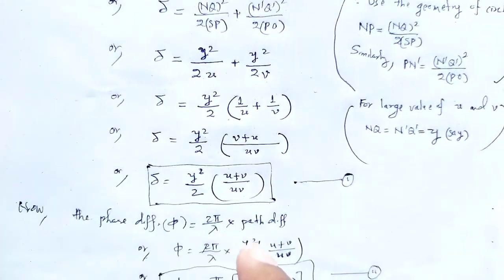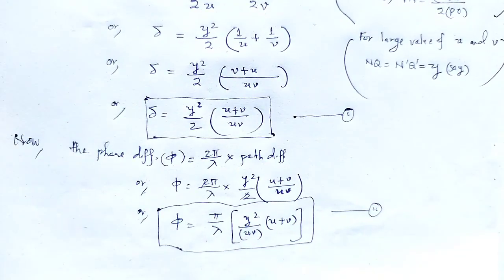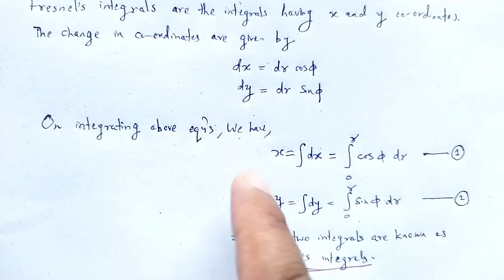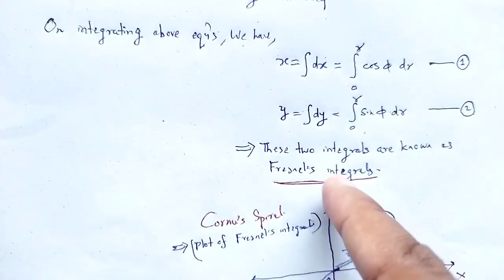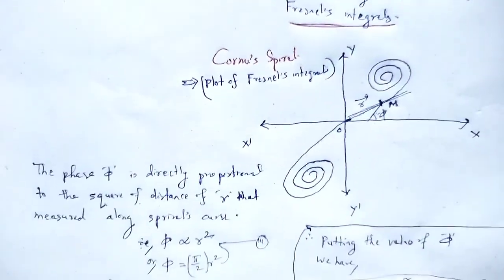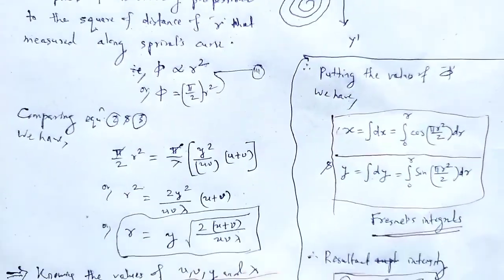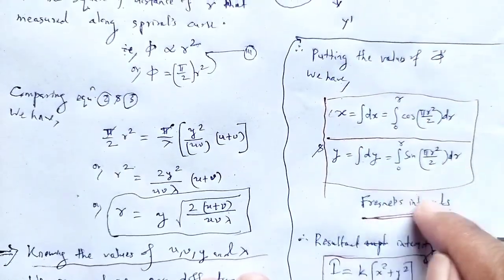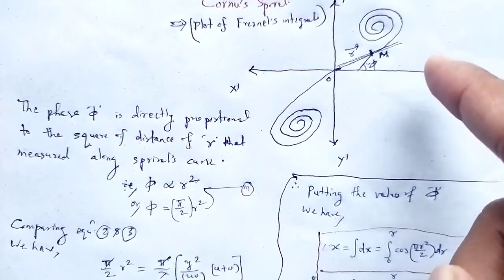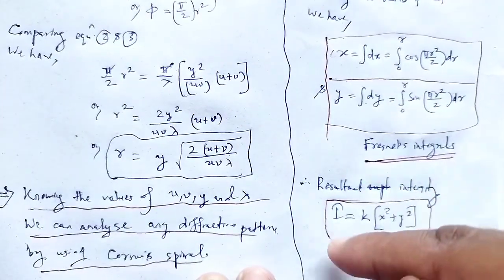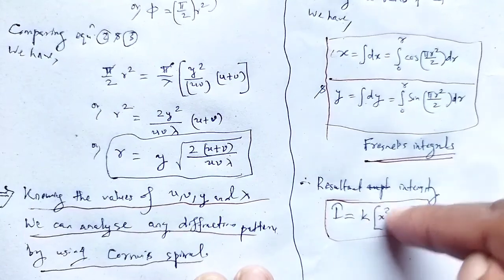Taking the path difference, then the phase difference, and taking the coordinate axes, these integrals are termed Fresnel's integrals, and they draw the Cornu's spiral. Then the resultant intensity can be calculated by using that formula.